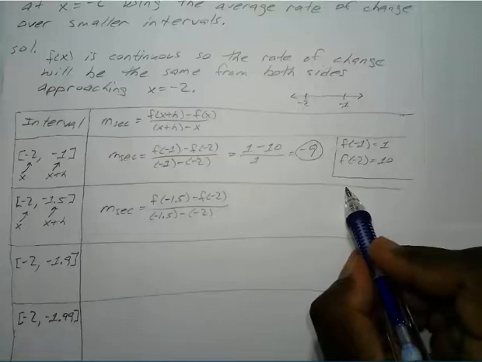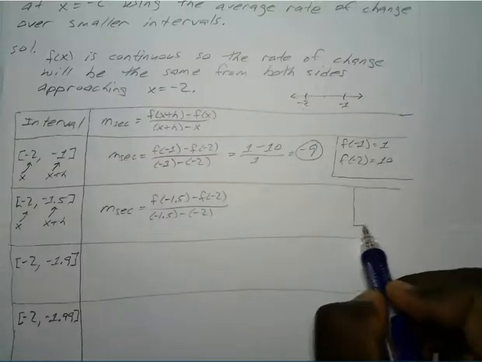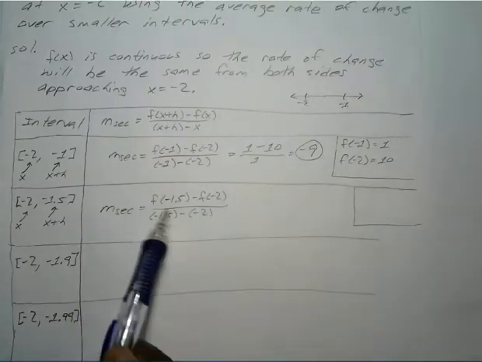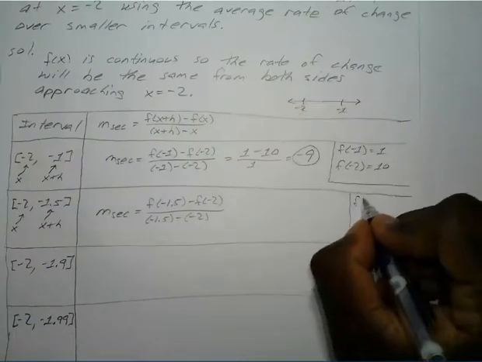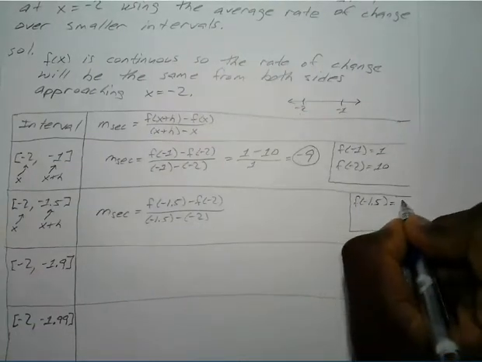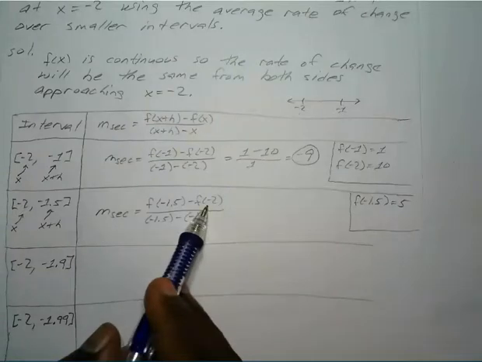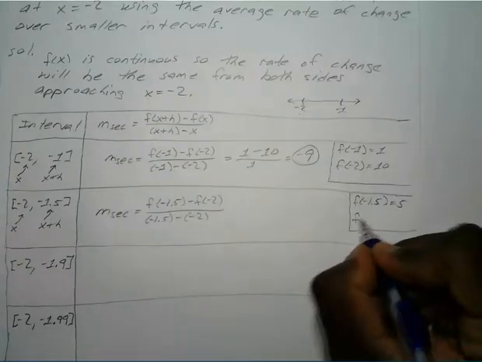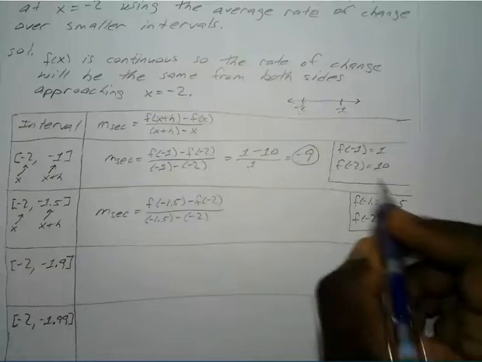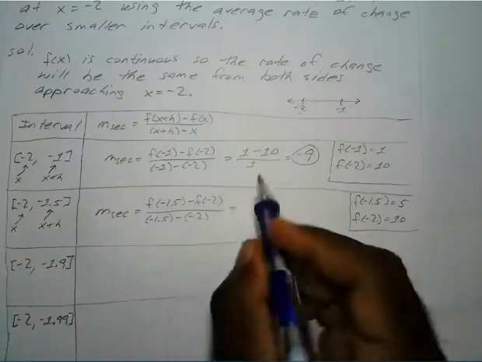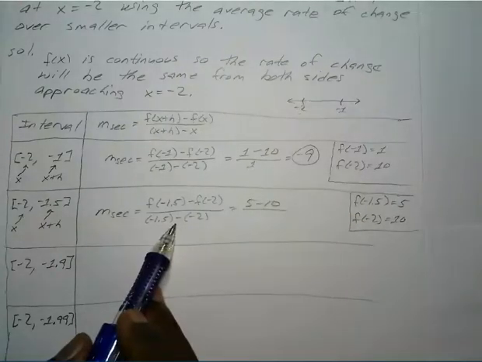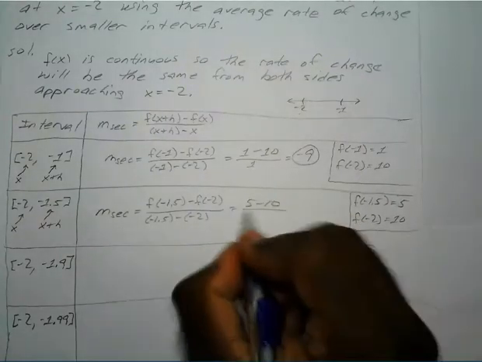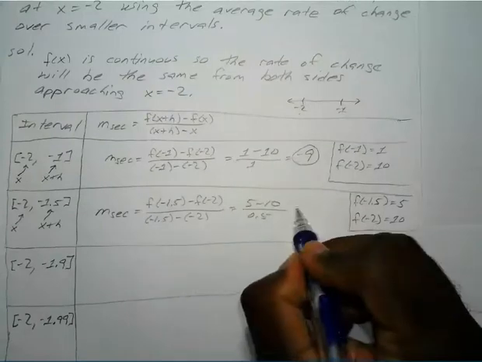Okay, so just like up here, I'm just going to put the little note in the corner here. If you plug in negative 1.5 into your f of x, f of negative 1.5 is actually equal to 5, and f of negative 2 is equal to 10, which we already knew from up here. Okay, so that ends up being 5 minus 10 all over 0.5, which ends up being negative 10.